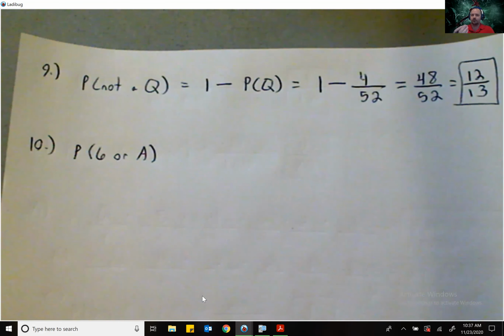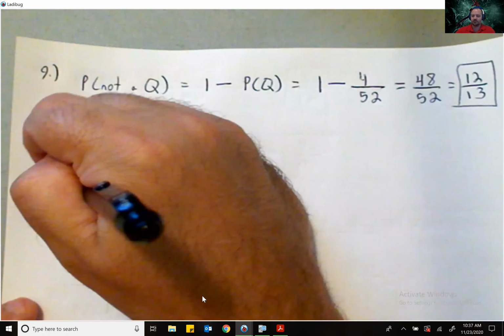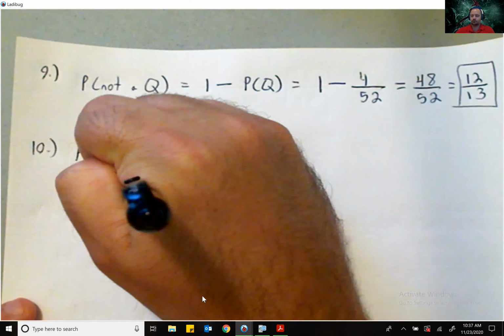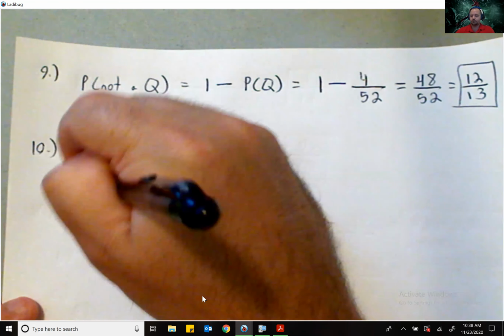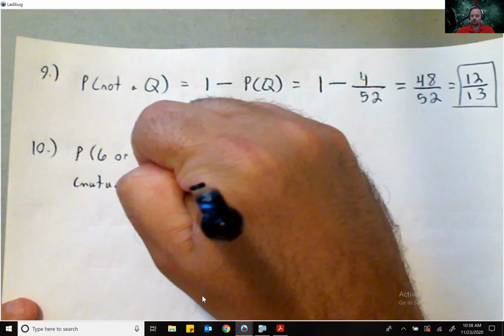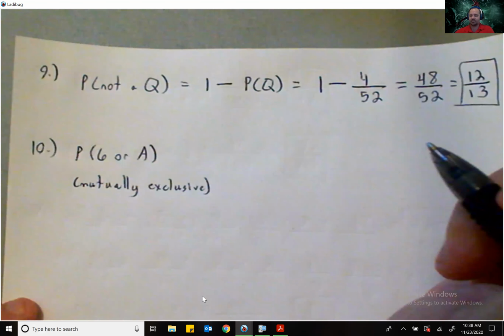And the answer is no. Either your card is a 6 or your card is an ace. There is no card that is called the 6 of aces. So this is what we call mutually exclusive. They cannot happen at the same time.